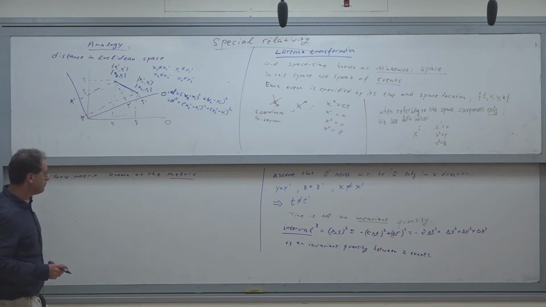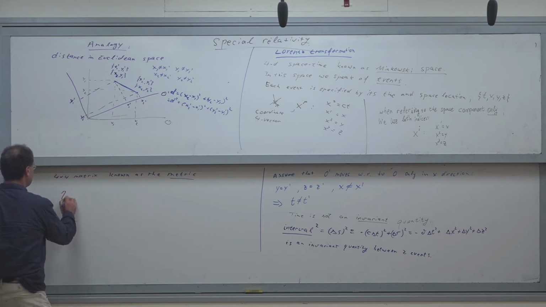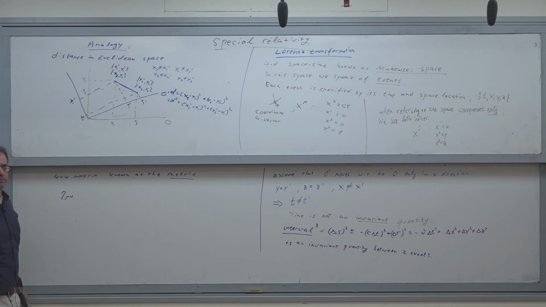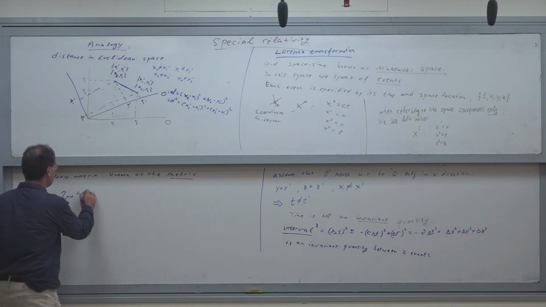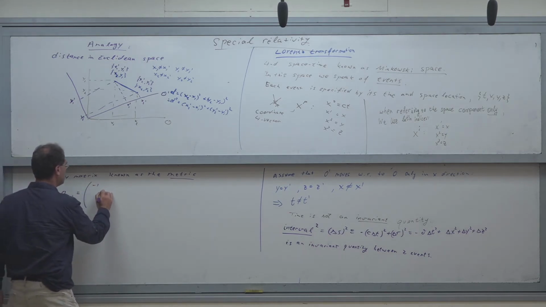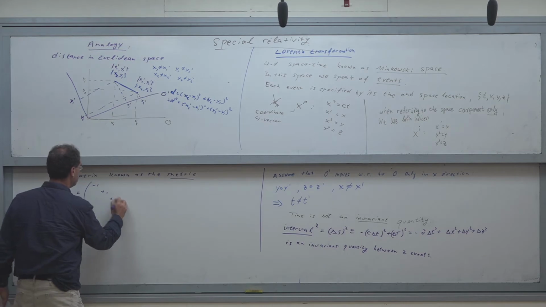And for that matrix, we're going to use lower indices. So I'm going to call it eta mu nu, 2 indices. And it's a very simple matrix. It's just -1, +1, +1, +1. Everything else is 0.